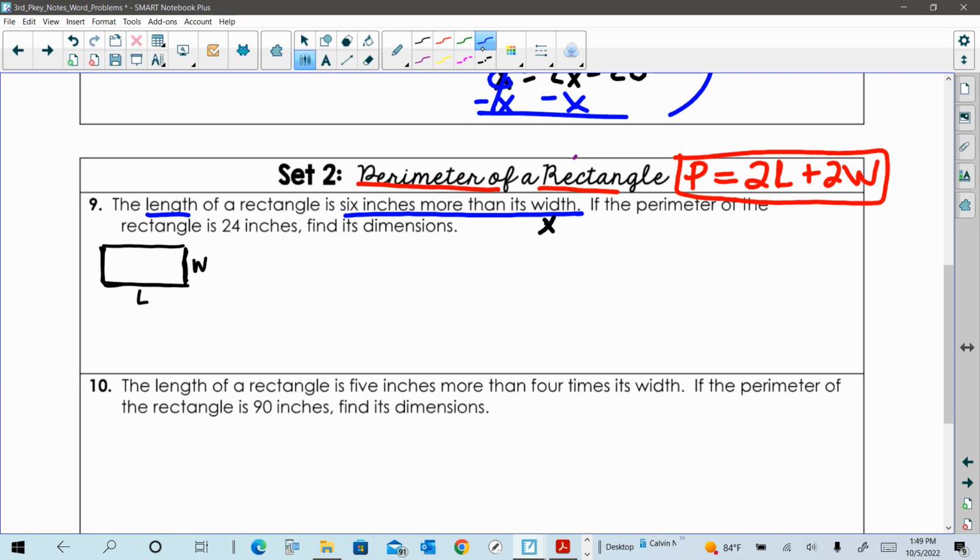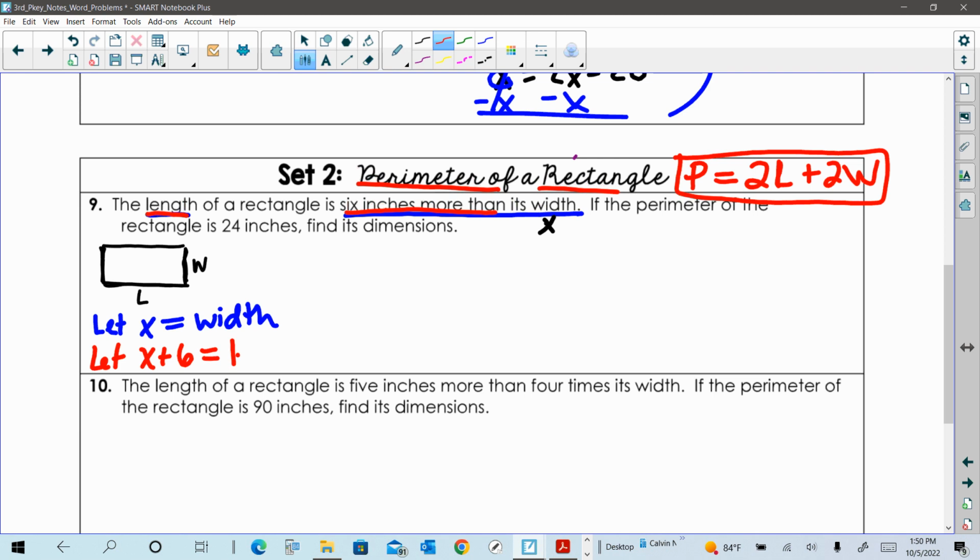So our first step here is still going to define your unknown: do your let statement, make a labeling. Here we're going to let x represent the width of the rectangle. Since the length is 6 inches more than the width, in relationship to x, which is our width, let my length be x plus 6.